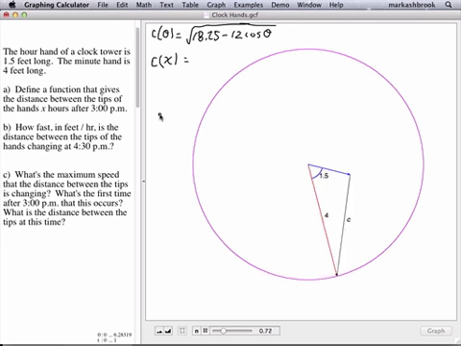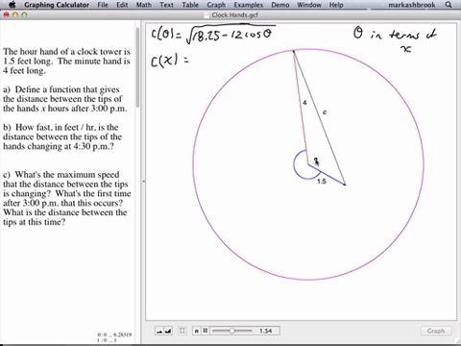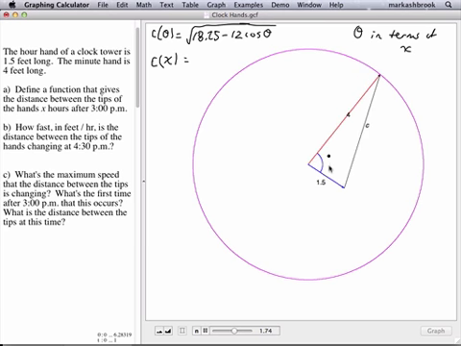Theta in terms of x, exactly. We need to get theta, so we need to get the angle in terms of time. So for a certain number of hours after 3, we need a rule that tells us what the angle will be.